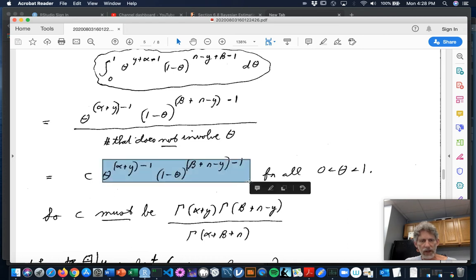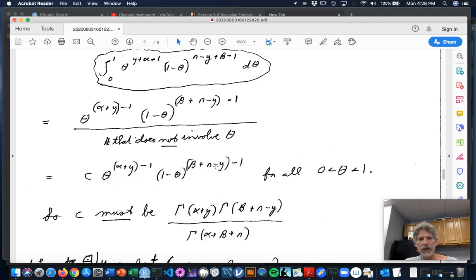That has that part that depends on the theta, that has the form for the PDF of a beta distribution, where the first parameter is alpha plus y and the second parameter is beta plus n minus y.